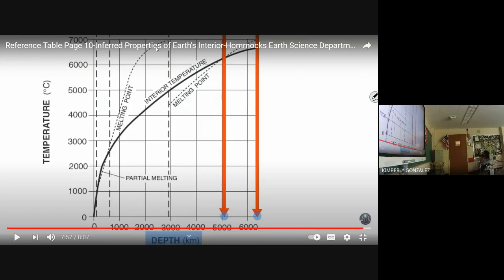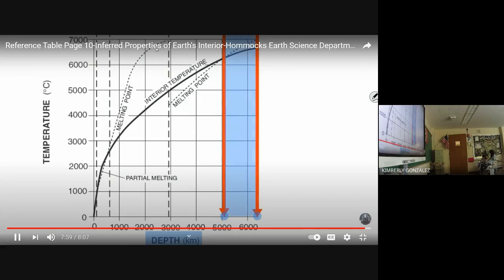So that's how far down you'd have to go in the earth to reach the inner core. It pretty much ends at the center of the inner core at that point.